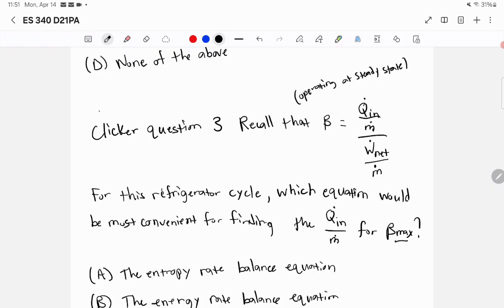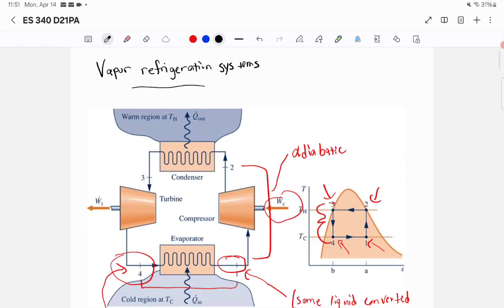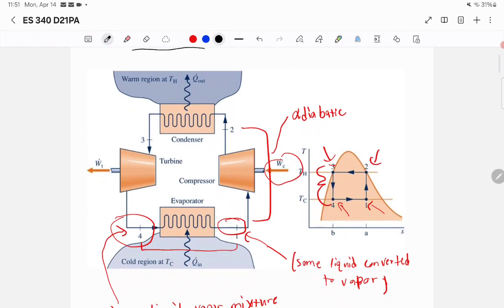That beta is equal to Q dot in over M dot divided by W dot net, the net work, right, that's done. So in this case, the net work would be W dot C minus W dot T, right? Because the net work that's coming in is the difference of those two.